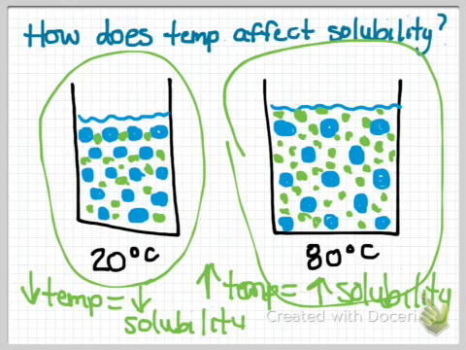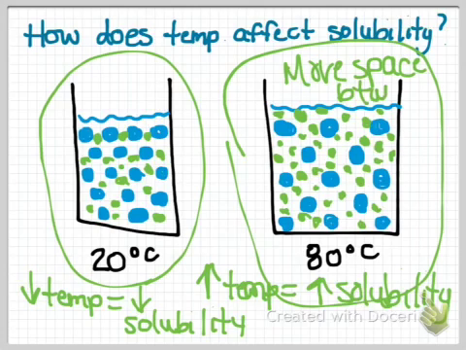Now, this is because of the spaces between the solvent particles. So again, higher temperature equals more space between the particles. A lower temperature means less space between.